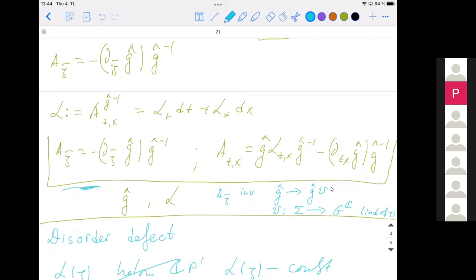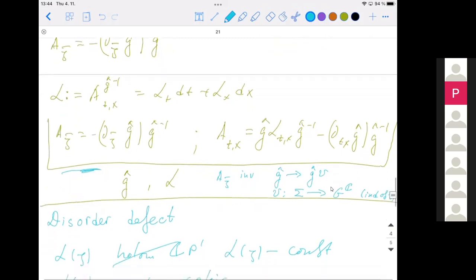Okay. So A z bar is invariant under this.